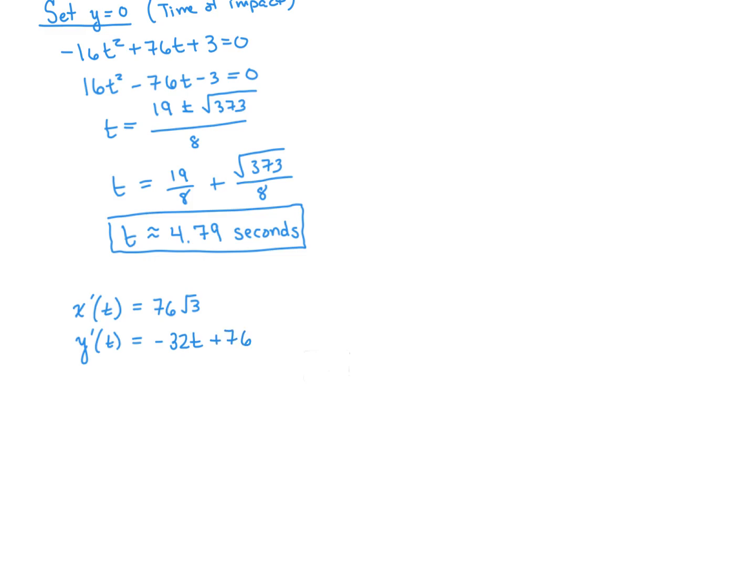So at impact, we are looking at this time value. So let's find x'(4.79), and that will be 76√3. y'(t) will use 4.79 for t. Sometimes you might see this referred to as capital T, or you might see t sub max, something along those lines.